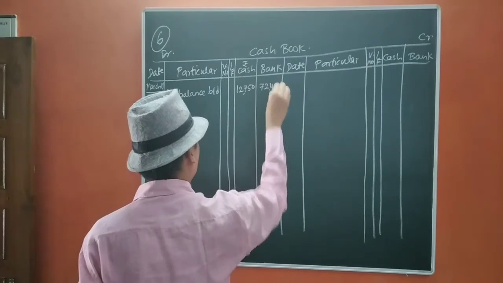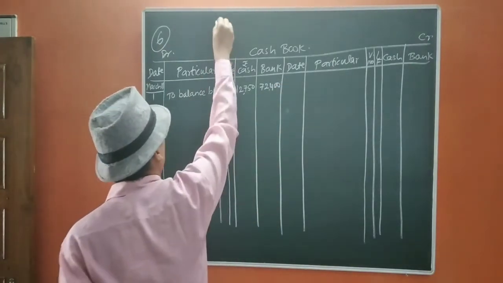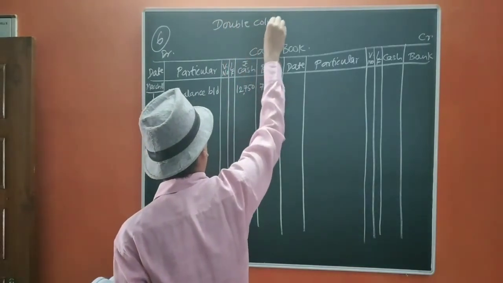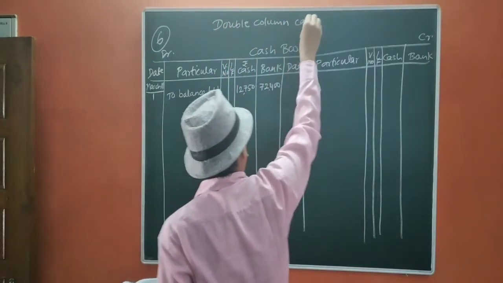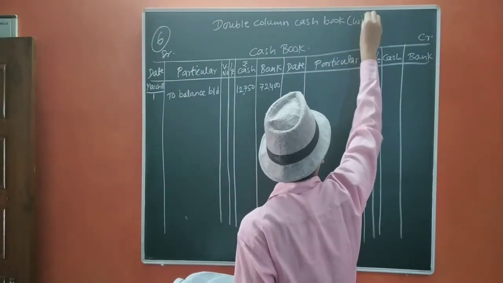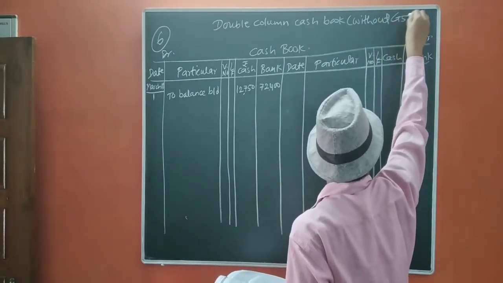This is without GST. Okay, this is double column cash book without GST. Okay.